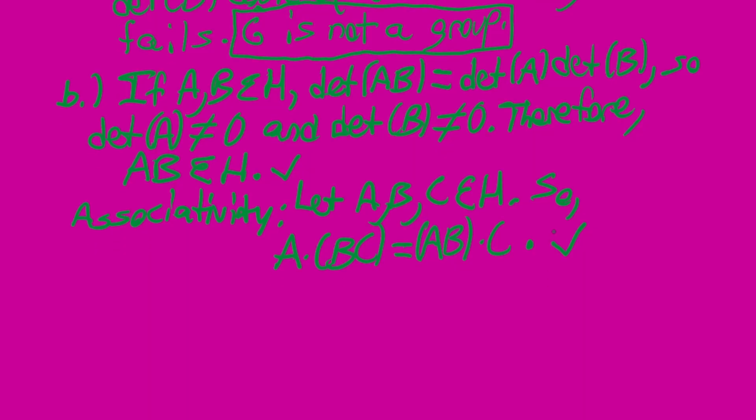So let's let A, B, and C be elements of H. So A times BC is equal to AB times C. And this is true for matrix multiplication. So we have associativity. And then see if we can find an identity. So let's let I be the identity of this group, defined by this matrix.